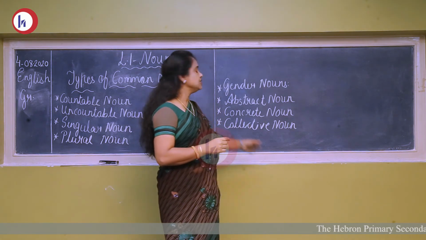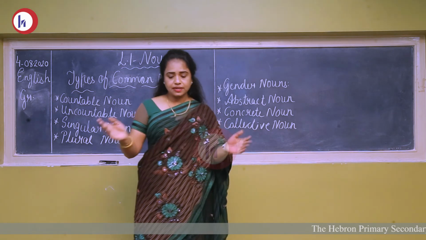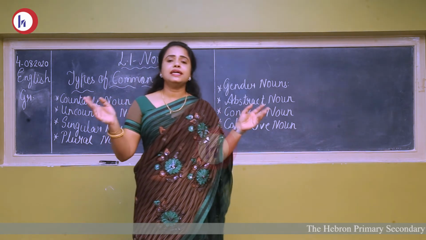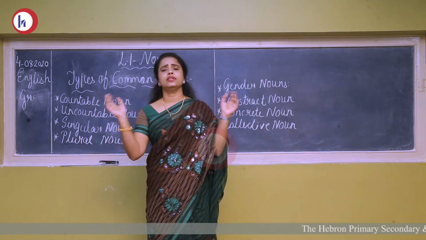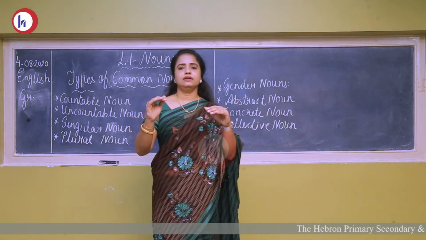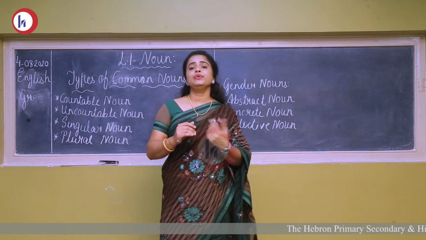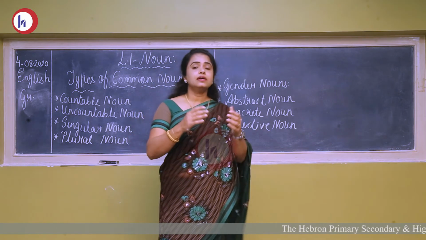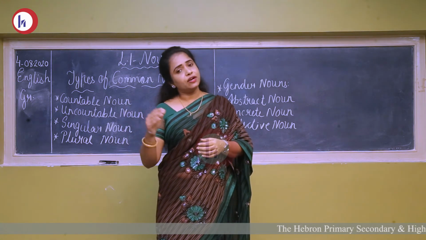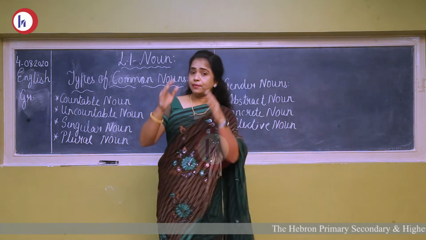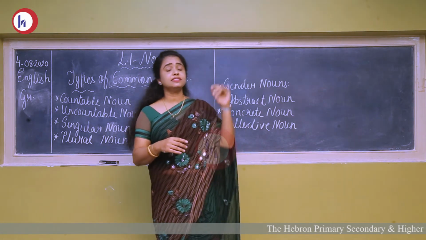Okay. The last one is the collective noun. What is a collective noun? The noun that is denoted as a whole, in a collection. We can take the example of a herd of cattle, a pride of lions, a library of books, a galaxy of stars.